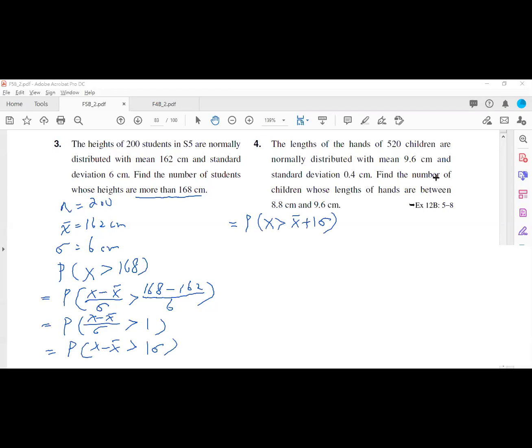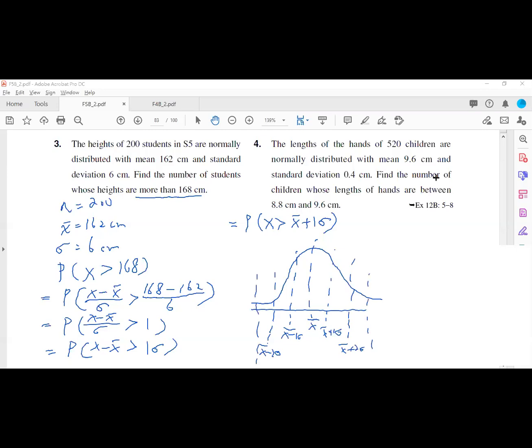Okay, the graph is like this. This is x bar, and then x bar minus 1 sigma, x bar plus 1 sigma, x bar minus 2 sigma, x bar plus 2 sigma, and so on. I don't write because this time I just want to draw the boundary.